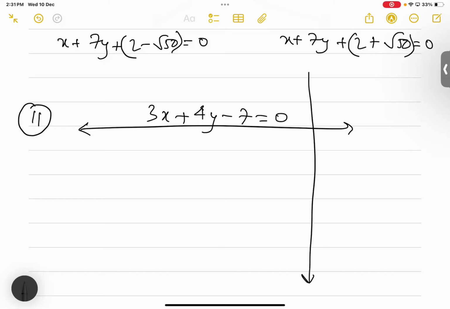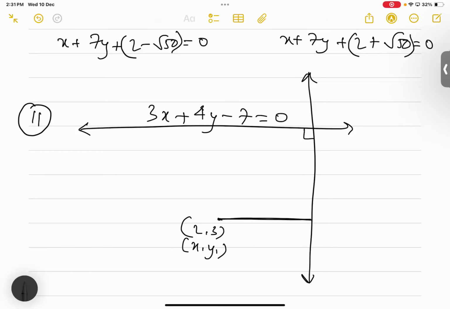Now there is this other line which is perpendicular to this line. And this other line is at a distance of what? This distance from this point. So this point is what? 2 comma 3. Everybody on the board.